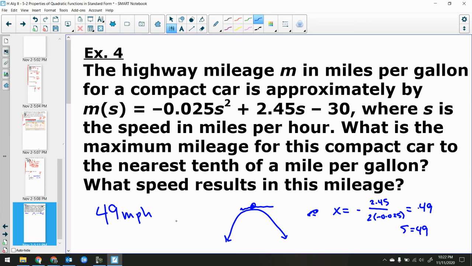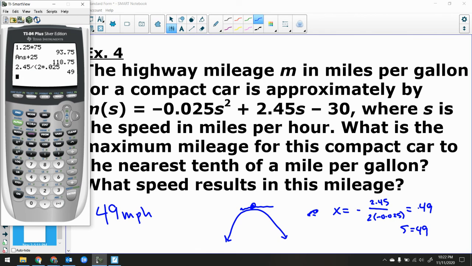Okay. What is that gas mileage? Well, let's plug it in. We got negative 0.025 times 49 squared plus 2.45 times 49 minus 30.